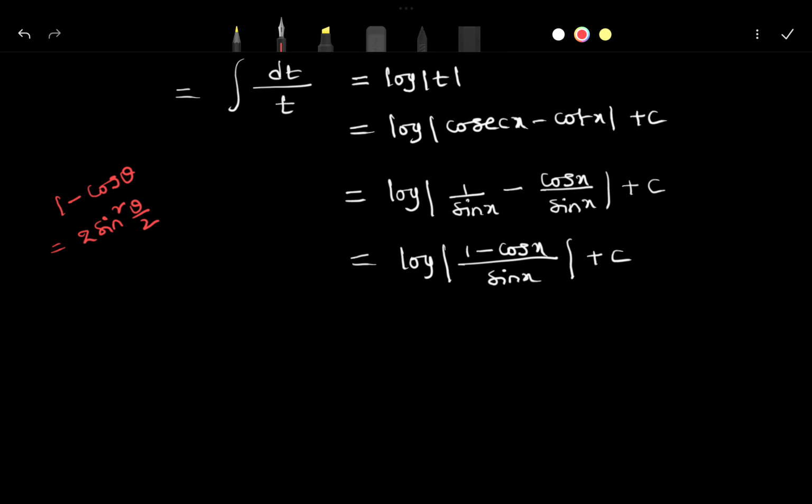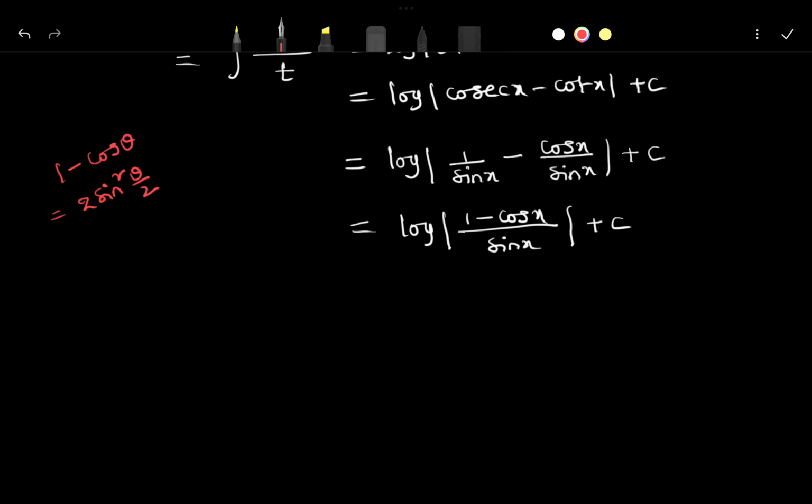Next, in the denominator sin x is there. You know sin theta, according to the multiple and submultiple formula, you can write 2 into sin of theta by 2 into cos of theta by 2.